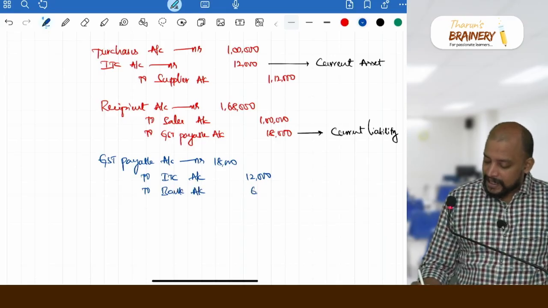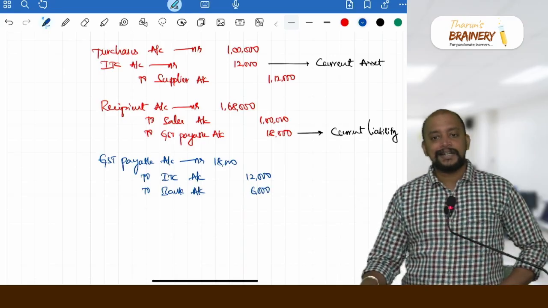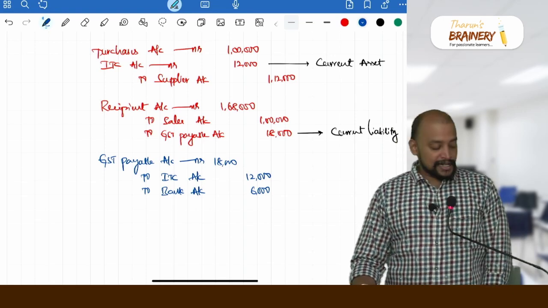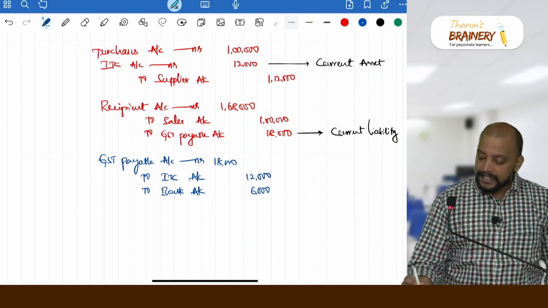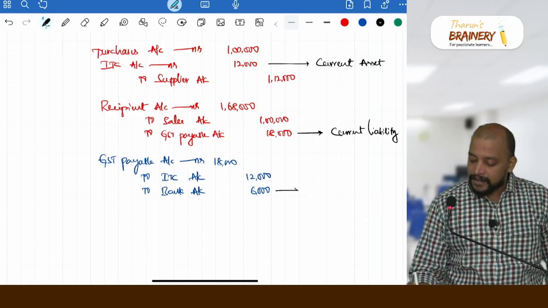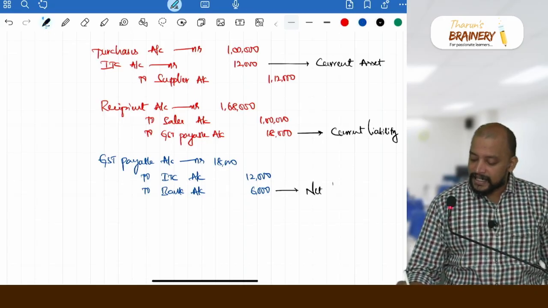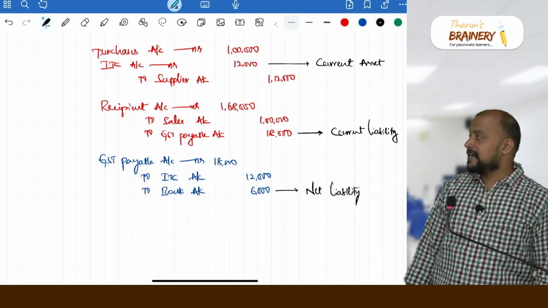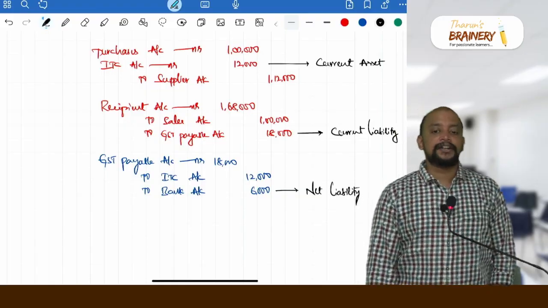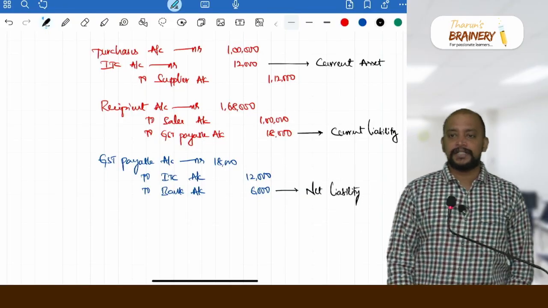How much? 6,000. Is it clear? GST payable account debit 18,000, to ITC account 12,000, to bank 6,000. So this 6,000 is nothing but net liability. Got it? So we set off the current asset with the current liability, and the net liability is only 6,000. Understood through accounting how it will work?